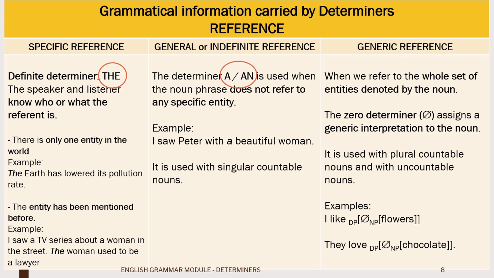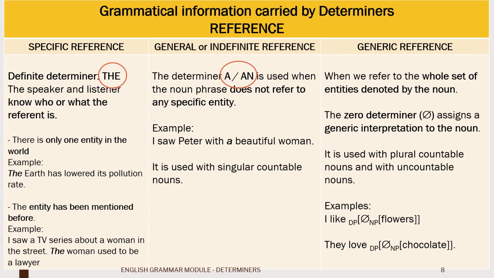How is this assigned? By the use of the indefinite determiner a or an. The indefinite determiner is used with singular countable nouns. You cannot say a cars, combining an indefinite determiner with a countable noun in the plural form. There are some restrictions that you need to have in mind and that you may already know, of course.